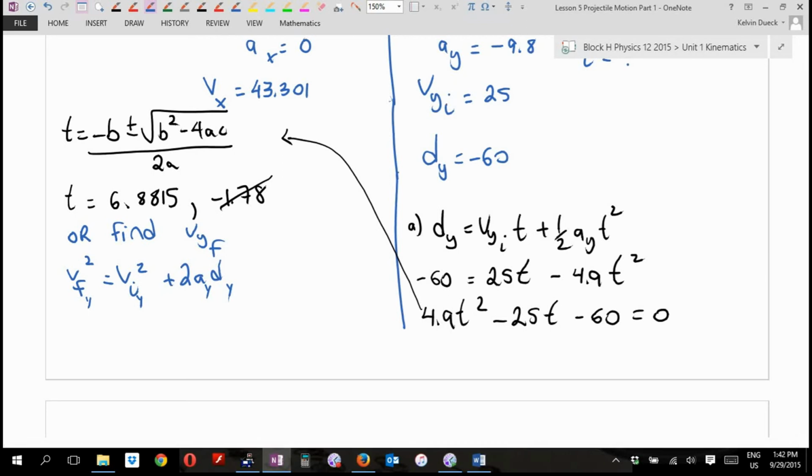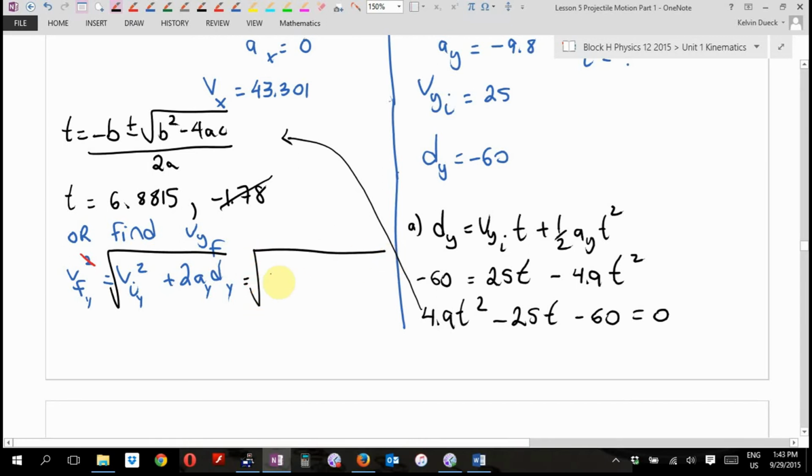Okay. By the way, how would I get rid of that squared right there? Because this is vy final squared. How do I get rid of squared? So I'm going to be really lazy, and I'm going to go square root, and I'm going to plug and chug. Vy initial 25 squared plus 2 times negative 9.8 times negative 60.